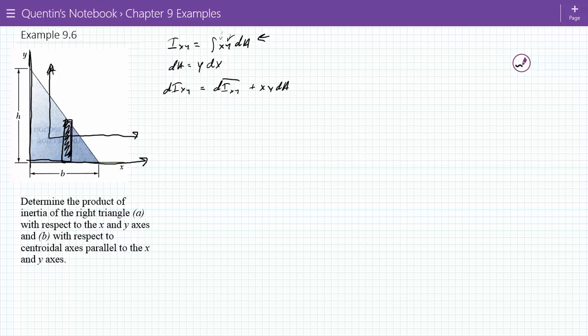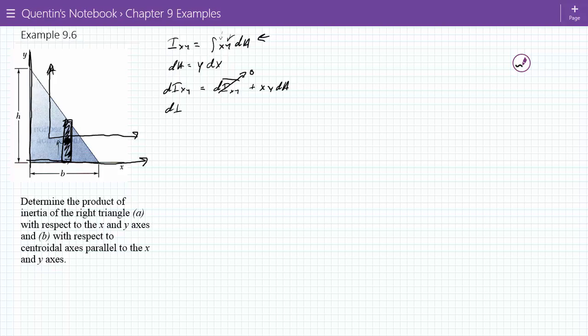It's using the parallel axis theorem: the product of inertia of a little rectangle is the product of inertia through the centroid of that rectangle plus the distance it goes in this direction and the distance it goes in this direction times the area of the rectangle. Okay, but what do we know about this? It's a symmetric rectangle, so that goes to 0.